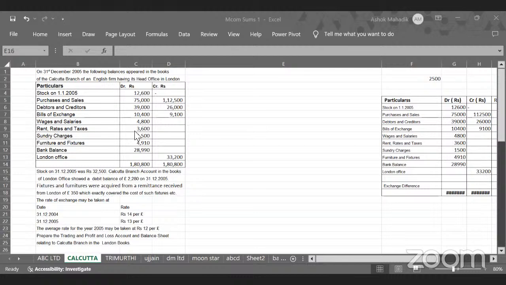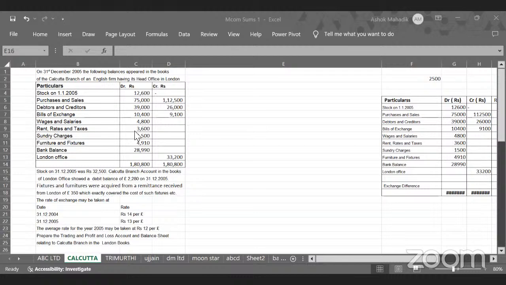So you need not search for any rate. They have already converted rupees into pounds. So against this 4910, you can write pounds 350. The rate need not be applied; just put a hyphen in the rate column.